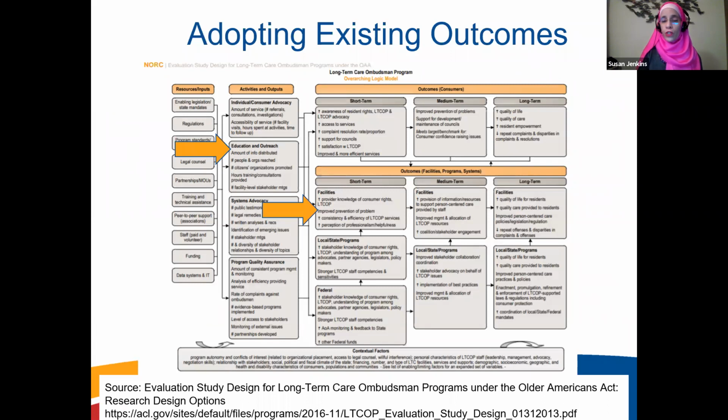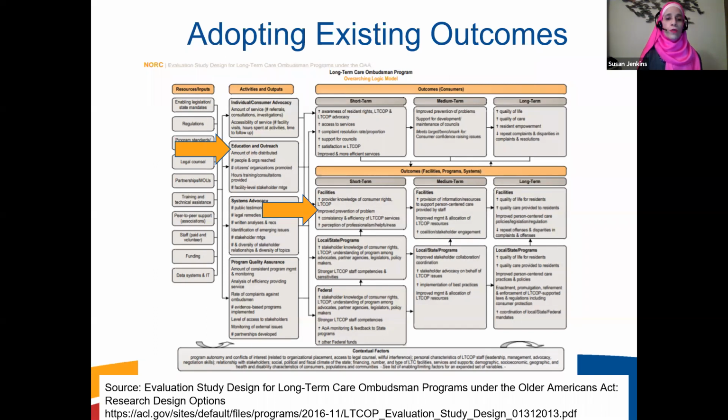It has a lot of information about the activities, the outputs, and the different levels of outcomes at the facility level, the individual level, the state level, and the federal level. You can get to the report and pull the relevant outcomes for yourself, for your program.